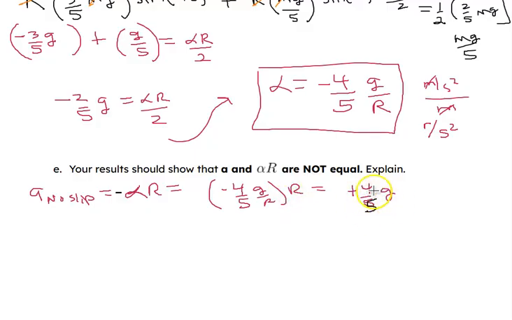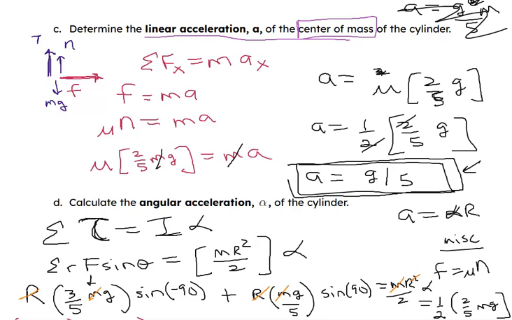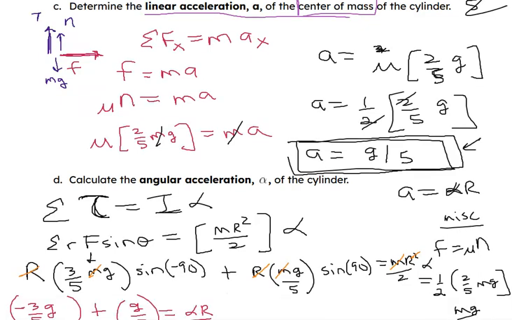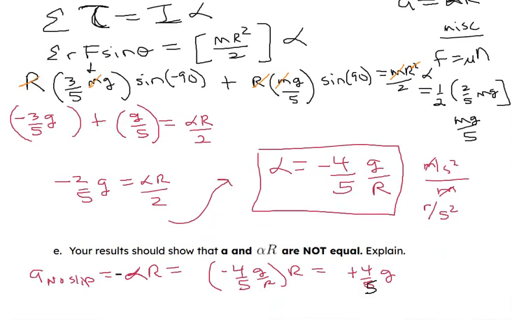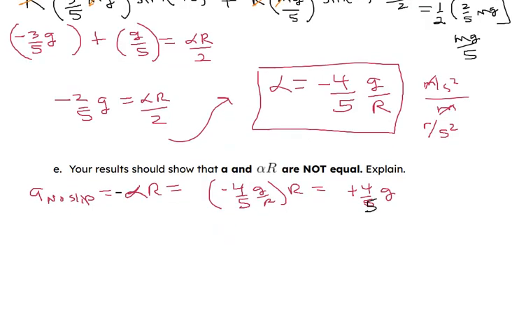So if it was not slipping, it would have been accelerating at 4/5 g, and the acceleration we got was not that at all, was g over 5. So they're basically saying those two things are not equal. Why is that? Like, explain why that makes sense.